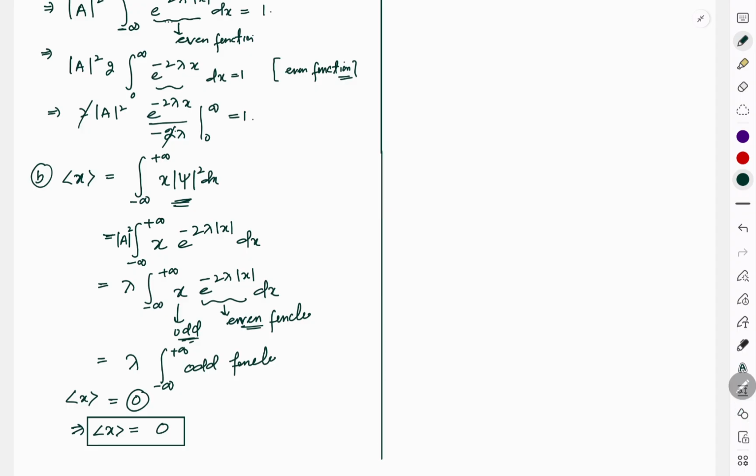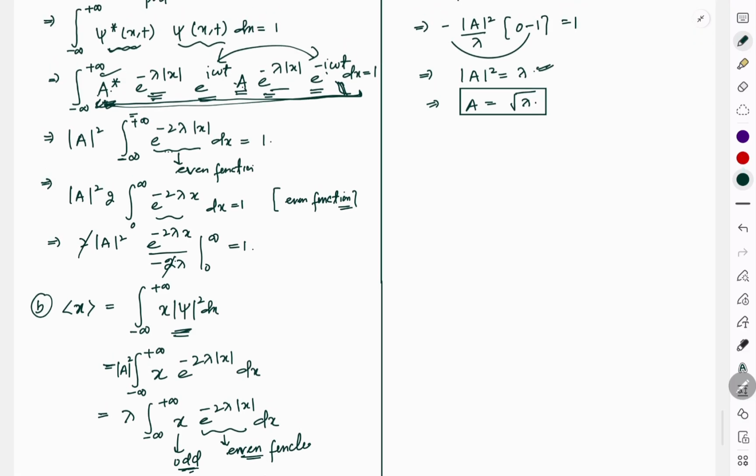Now let's move to the other part, the expectation value of x square, which is the c part.